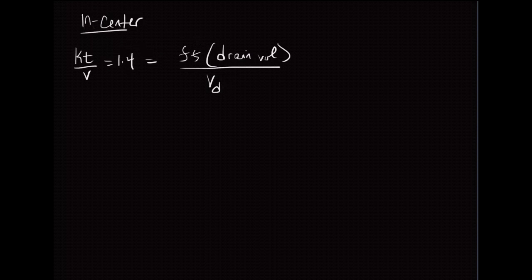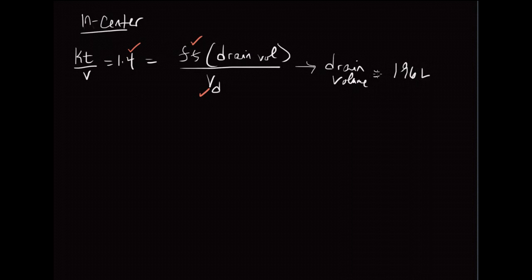So we know what the filtration fraction is, and we know what the volume of distribution is. Plug in the numbers. We have this one already, and we're going to get the drain volume. So we're going to say that the drain volume is equal to about 196 liters.